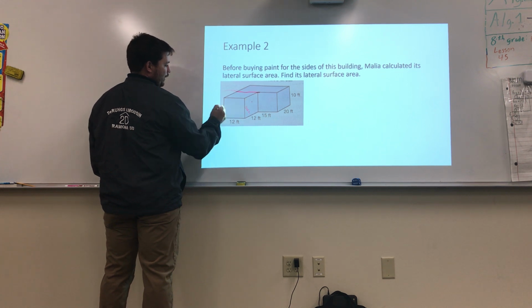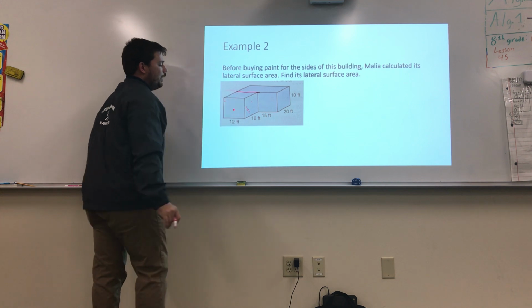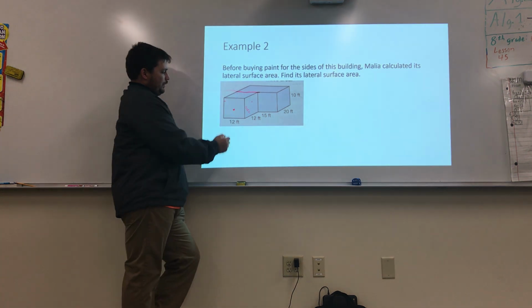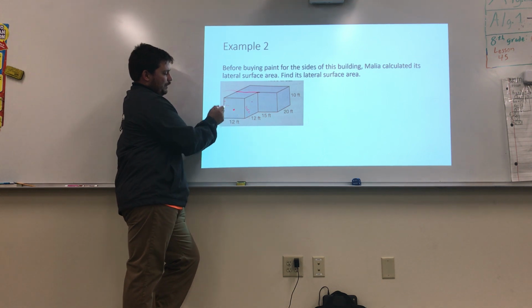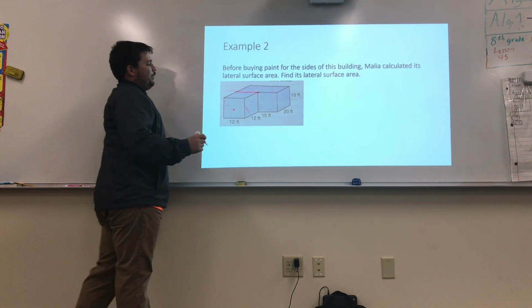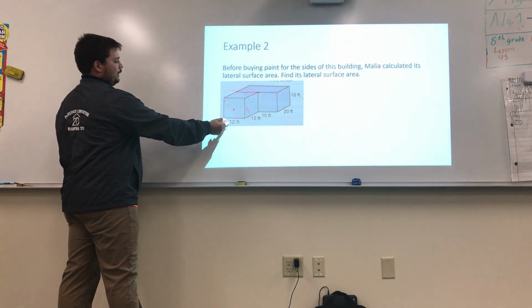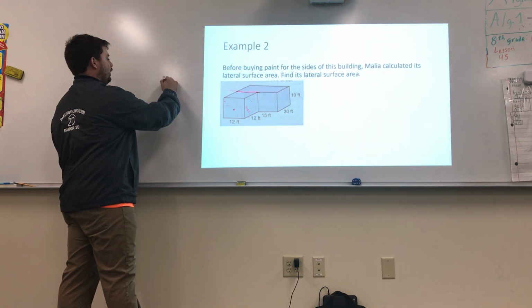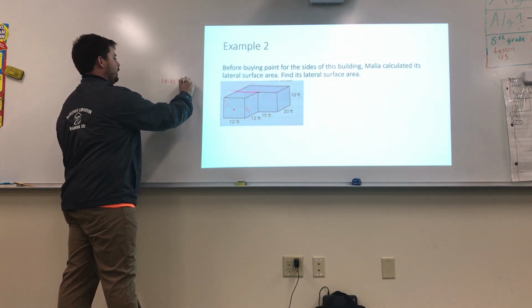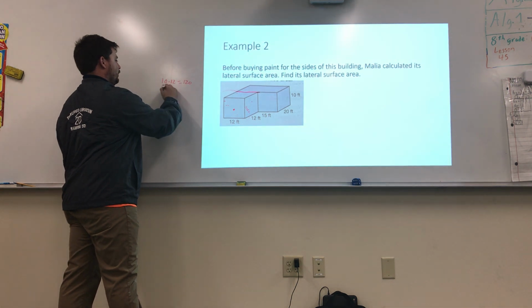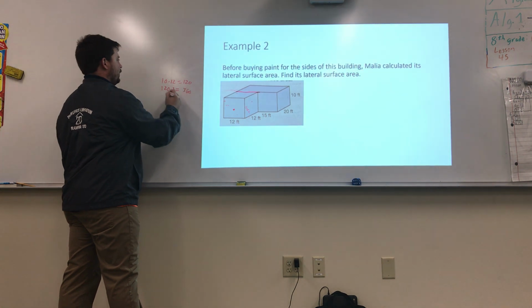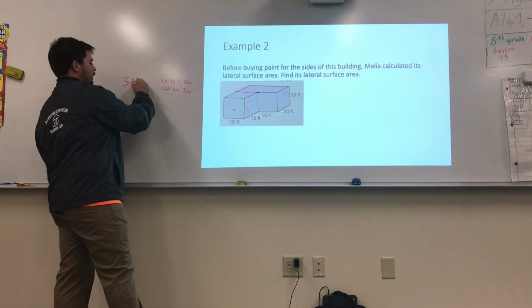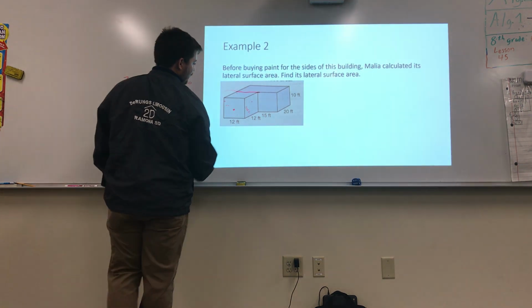I have this side, this back side, and a front, and I don't need the top. So this is going to be 10 by 12, this is going to be 10 by 12, and this is going to be 10 by 12. So we have 3 of them at 10 by 12. We get 120, so 120 times 3 equals 360. Okay, so we have 360 so far. That got us this area.